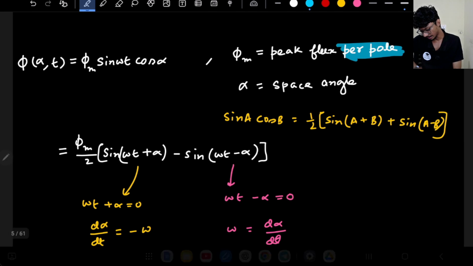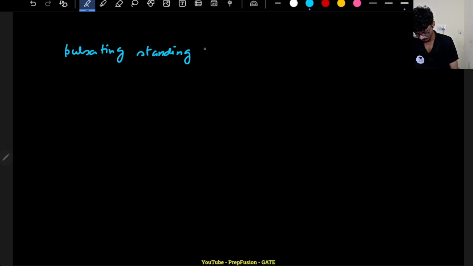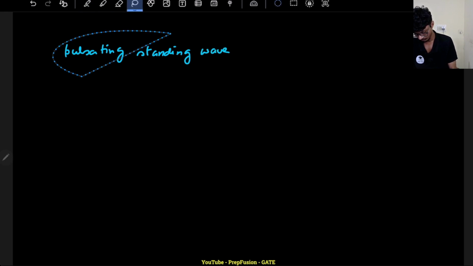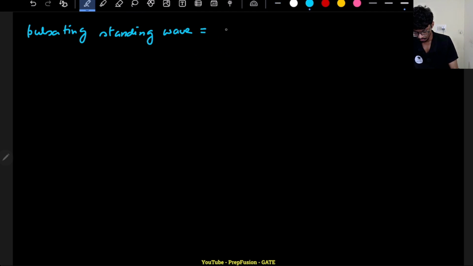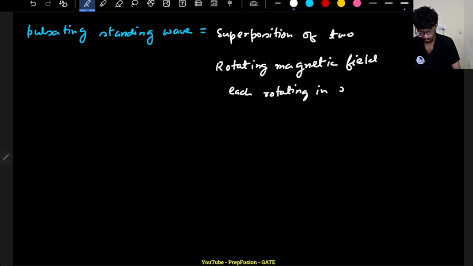So basically I can say that a pulsating standing wave is a superposition of two rotating magnetic fields, each rotating in opposite direction.